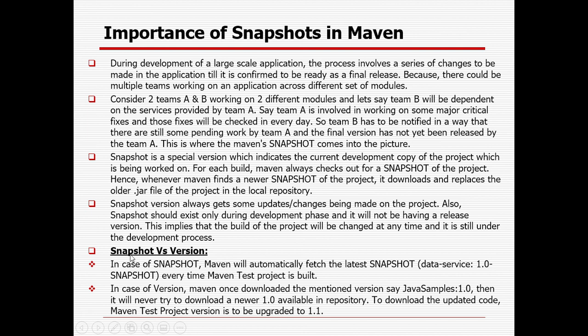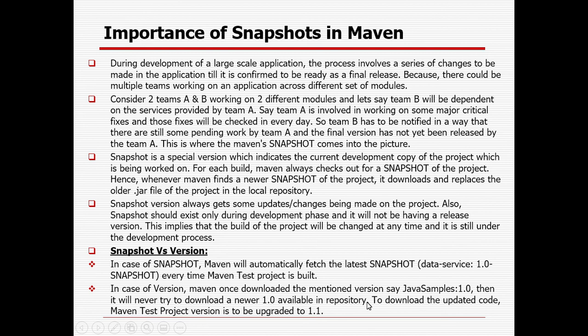What is the basic difference between snapshot and version? In case of snapshot, Maven automatically fetches the latest snapshot every time the project is built. In case of version, once Maven downloads the mentioned version, say 1.0, it will never try to download a newer version available in the repository.